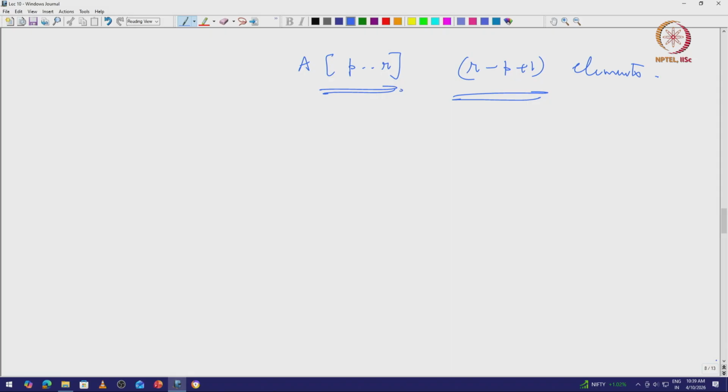So, when you are calling A[P to R], if (R minus P plus 1) mod 4 equal to 2, then Q, the split point, is floor of (R minus P plus 1) by 2, minus 1, else Q equal to floor of (R minus P plus 1) by 2.